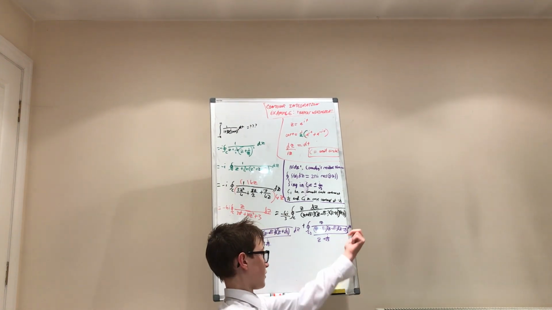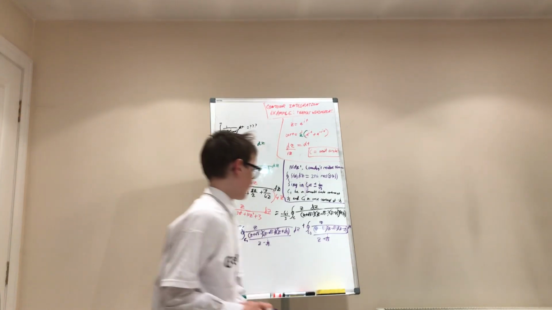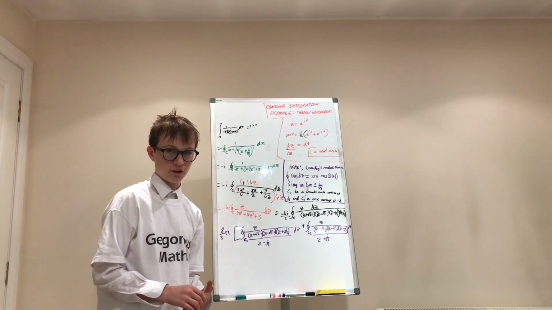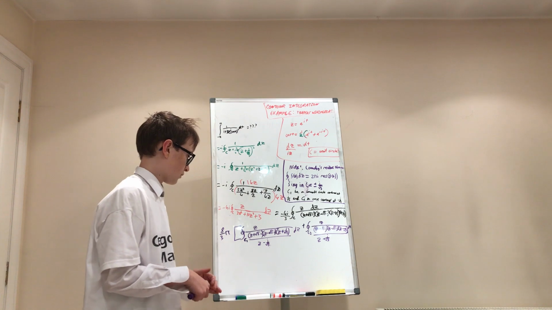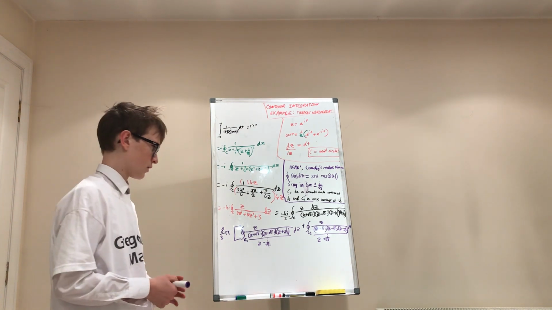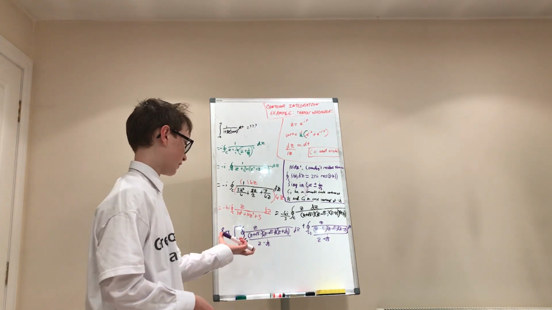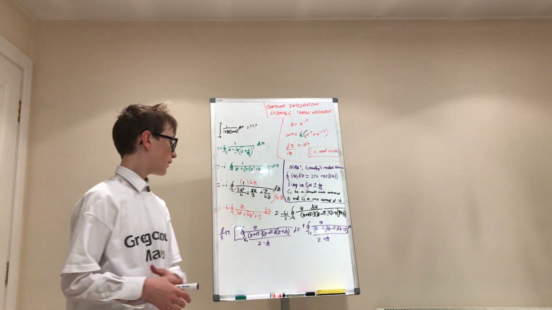Just write the dz. And close the brackets, but I don't have enough space. Don't get triggered, I just don't have space to close the brackets.